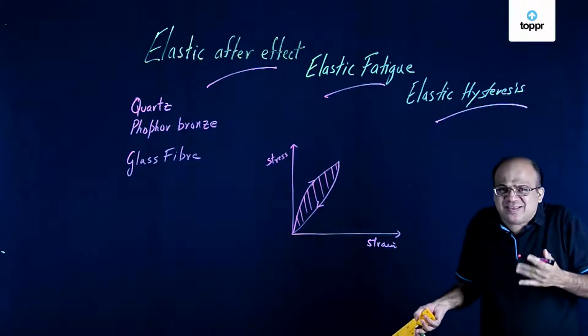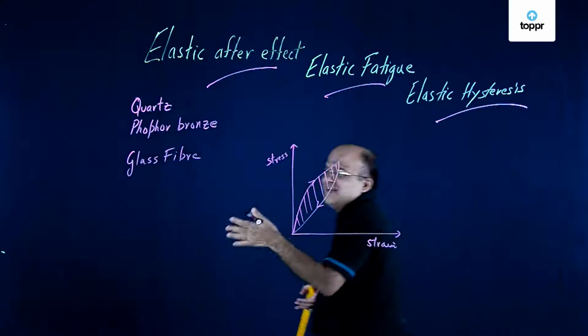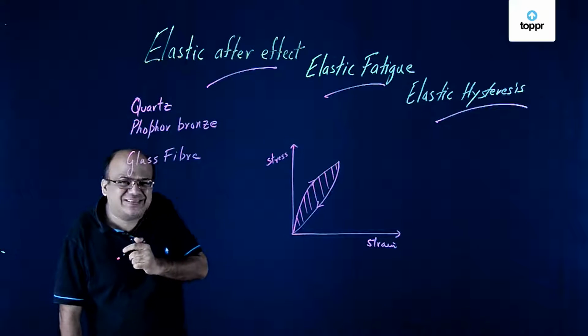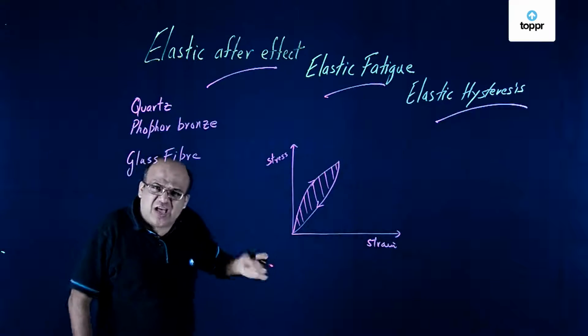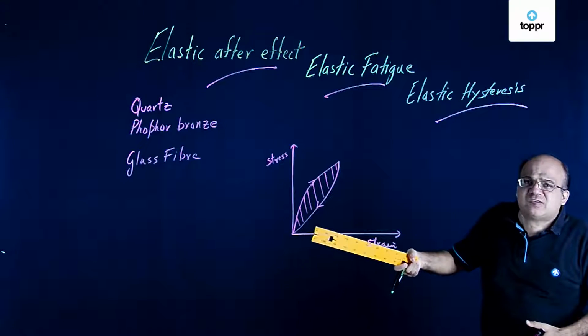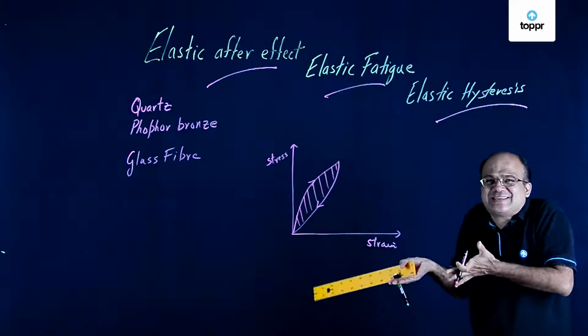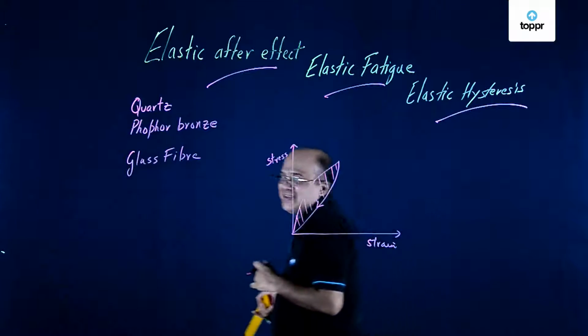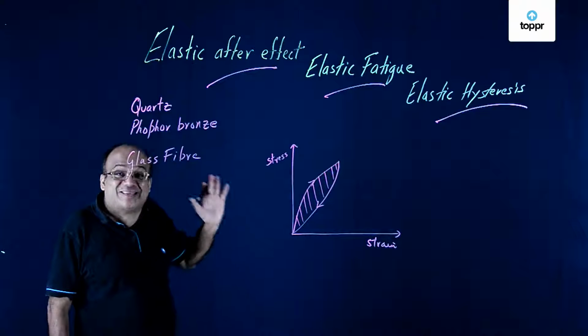And because of this, the car tire does not get heated too much in a journey, right? Shock absorbers are made of vulcanized rubber which has got a large area hysteresis loop. So a lot of energy gets dissipated as heat in a loading unloading cycle.